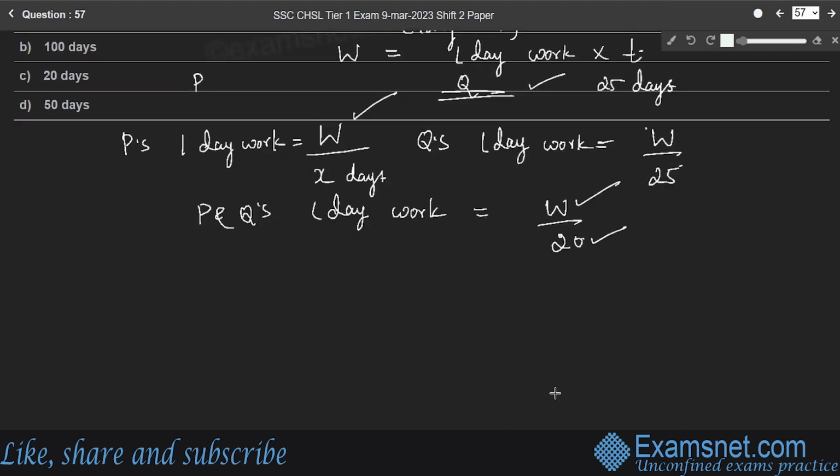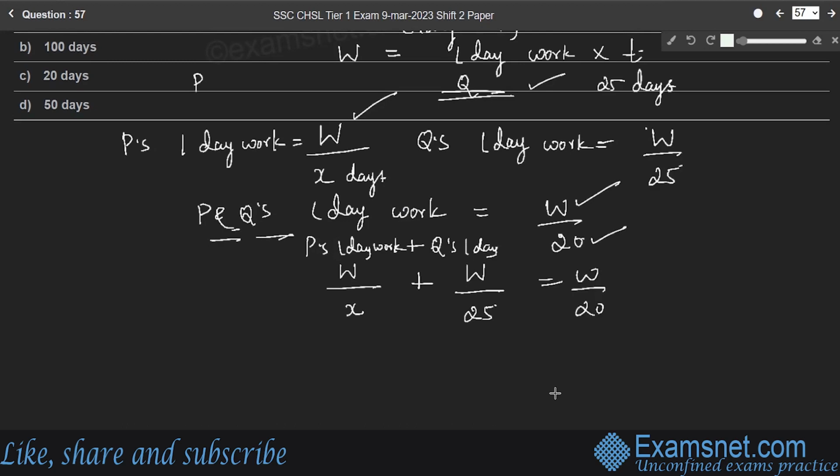So how do you write P and Q's one day work? P's one day work plus Q's one day work. So it is W by the number of days taken by P, plus W by 25, Q's one day work, which is W by 20.